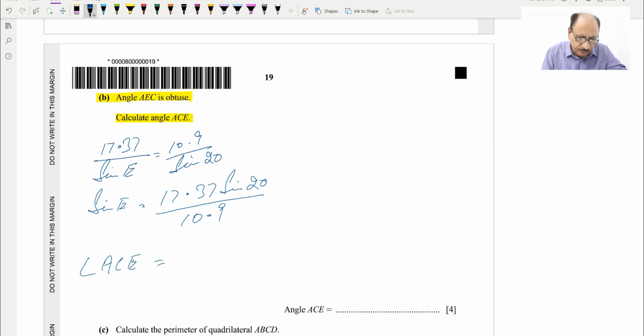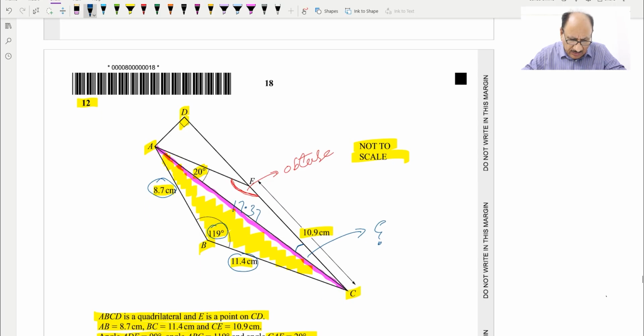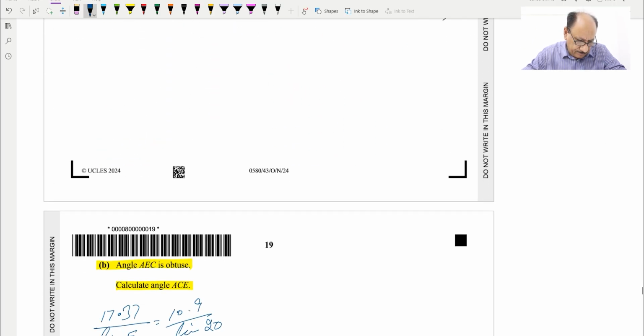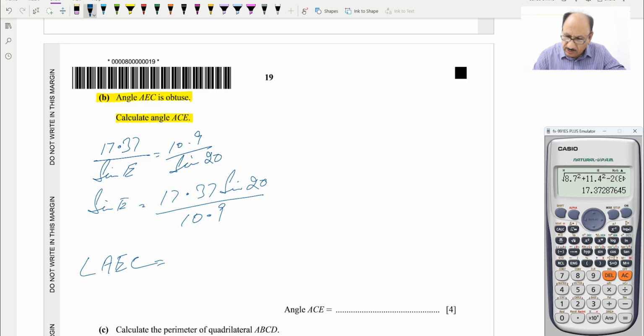And angle E, or angle ACE we can write, is equal to, angle ACE will be equal to what? No, it's not angle ACE. It's basically angle AEC. So angle AEC is equal to, we will put in calculator.